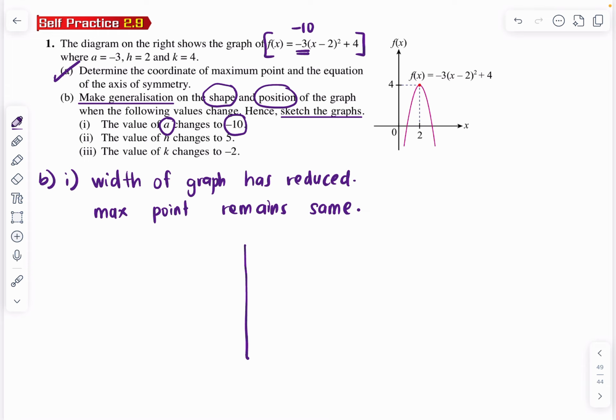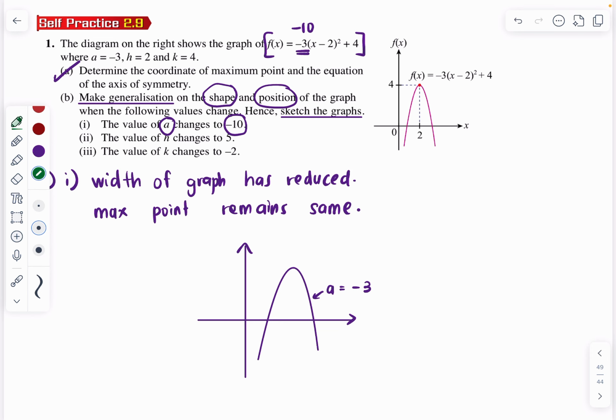Now let's sketch it. Okay. Our original graph was something like this. This is when a equals to -3. Our new graph was something like this. Okay, it became thinner.